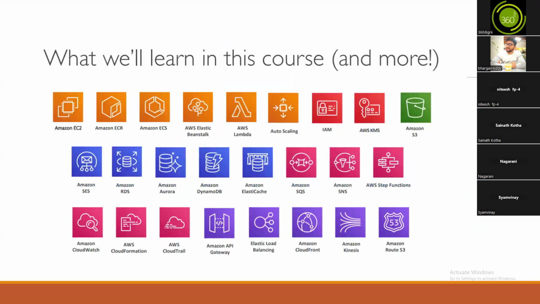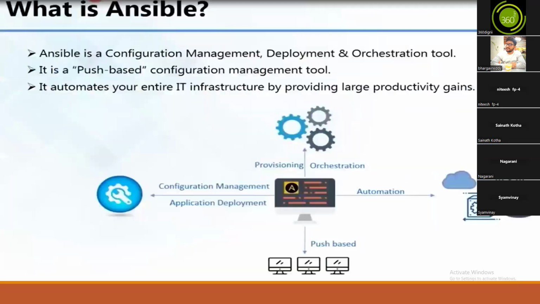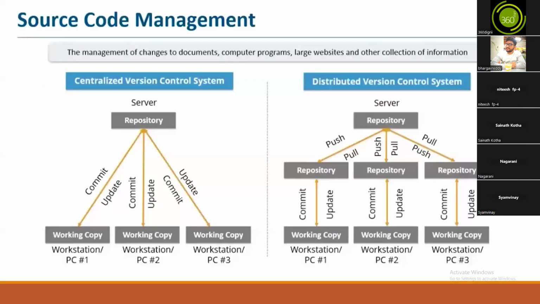There might be an issue with our network, and there will be performance issues. In source code management, the management of code for documents, computer programs, or large websites and other applications, the centralized version control system has only one server. Whatever the working copy, you can commit and update, commit to push, checkout.